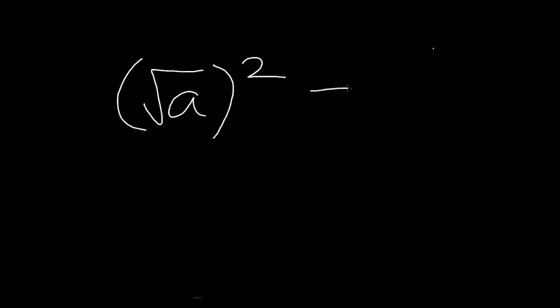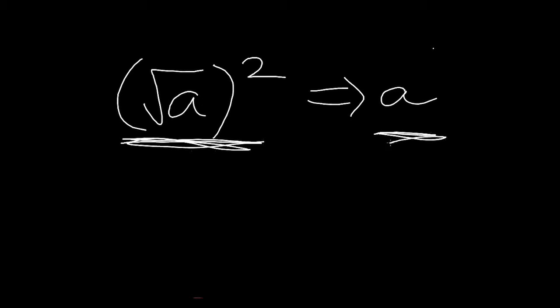So remember, from a couple of videos back, we learnt this property where the root of a number squared just equaled that number. So what we're going to be trying to do is use this property to take our surd and turn it into just a normal number, so a rational number.